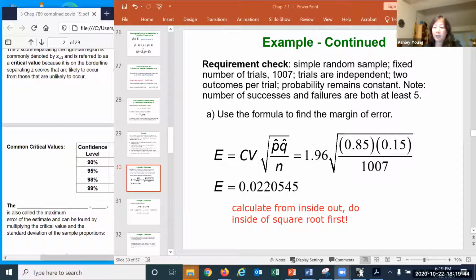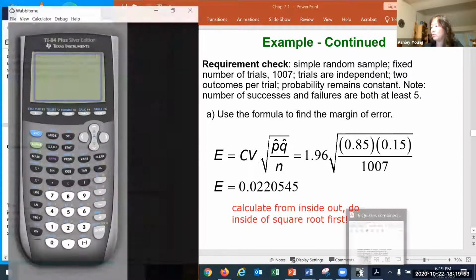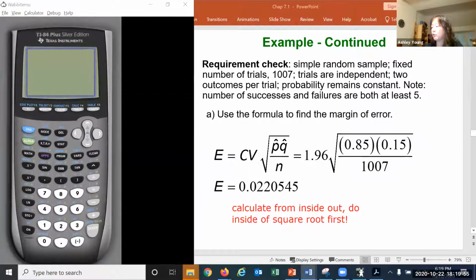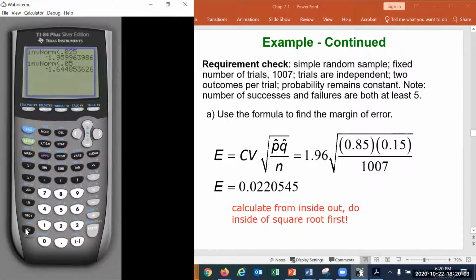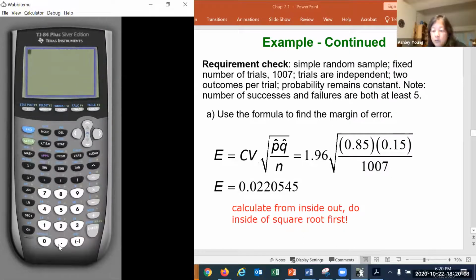So I'm going to bust out my calculator. And I'm going to start off with the inside. So what's in my inside? 0.85 times 0.15.